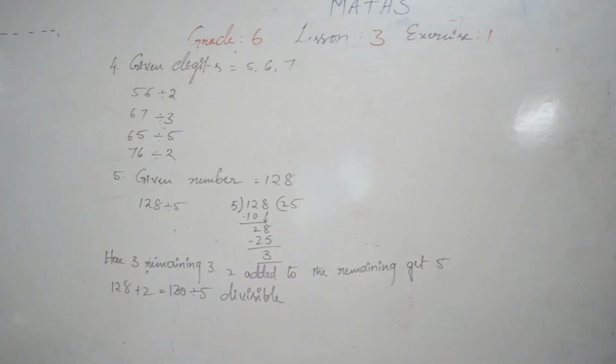Next, find the smallest number that has to be subtracted from 276 so that it becomes exactly divisible by 10.